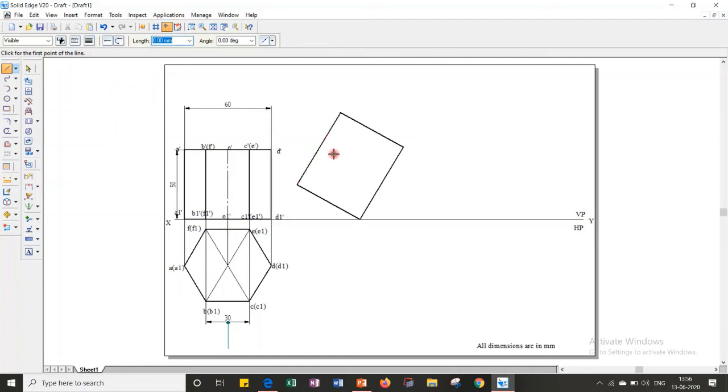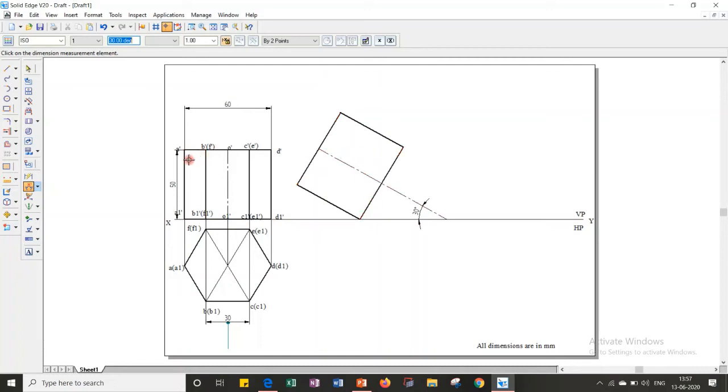You will be having the axis line exactly at the middle. Now if you measure this inclination, the axis will be making an angle of 30 degrees with respect to HP. So the given condition is satisfied. Now you have to locate 2 more points, B and C here, B1 and C1 here.